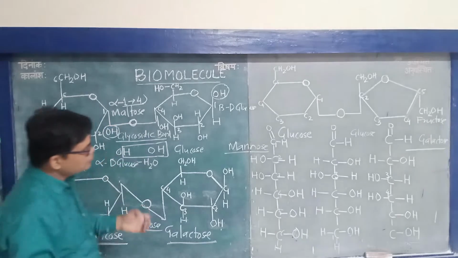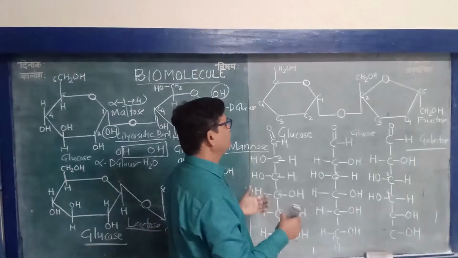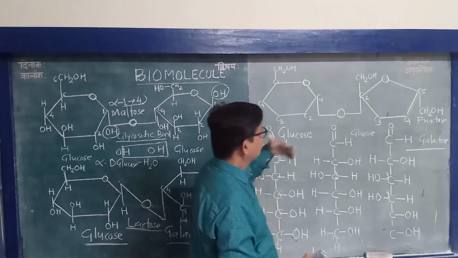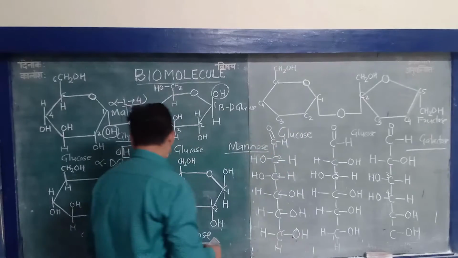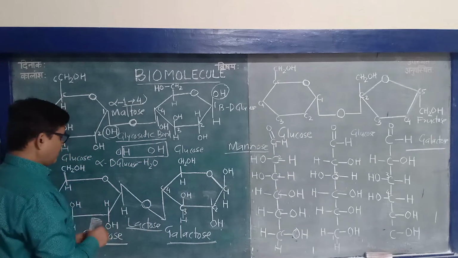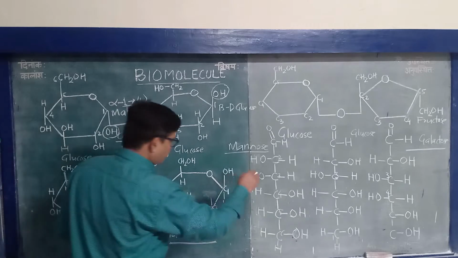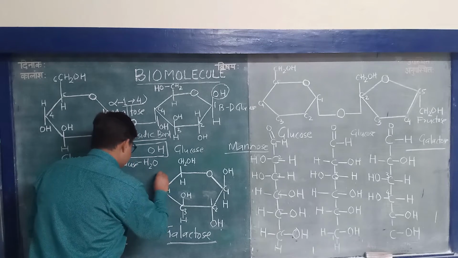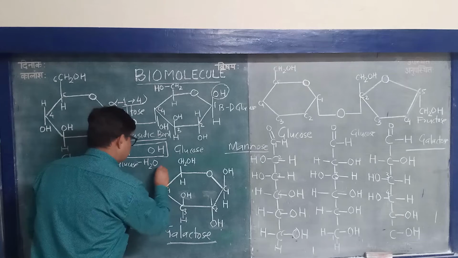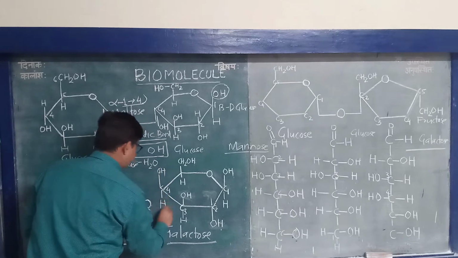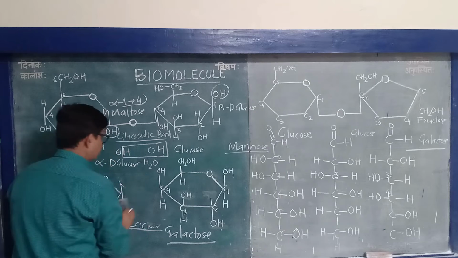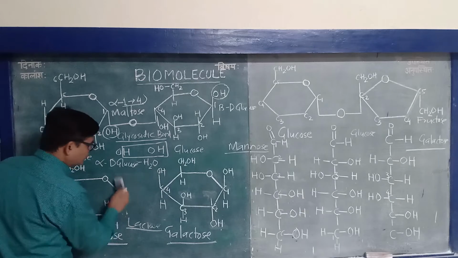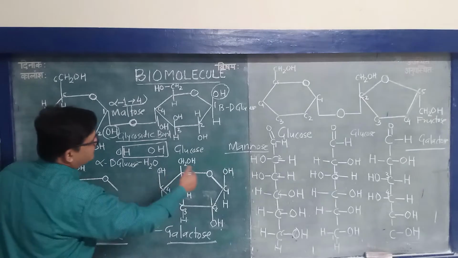So you have to know how this bond will form between the glucose unit and the galactose unit. If you see, in case of galactose, suppose you want to show, this is the hydroxy group OH and this is H. Then you have to make a bond between alpha D glucose and beta D galactose.